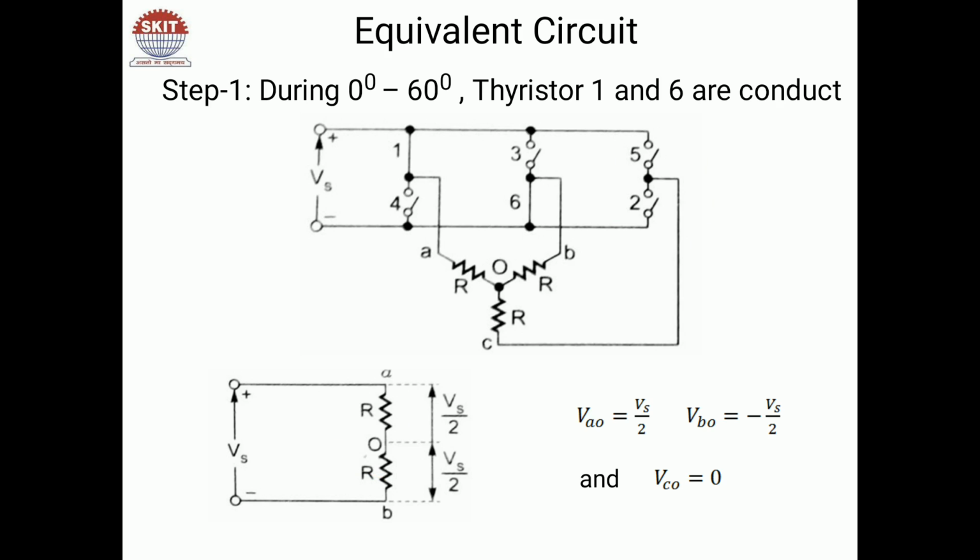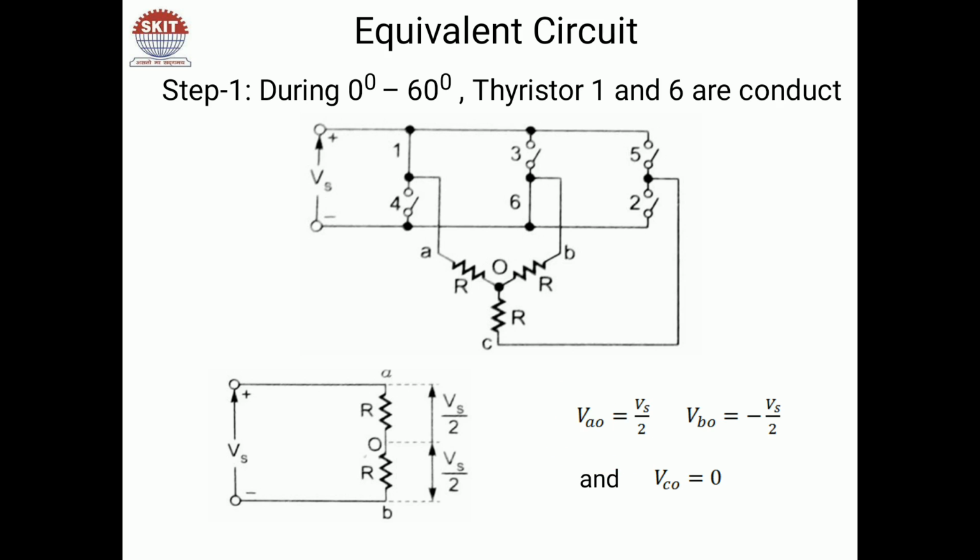Now we will calculate the phase voltage. For calculation of the phase voltage, we apply the voltage divider rule in this circuit and obtain the voltage VA0. VA0 is plus Vs by 2.